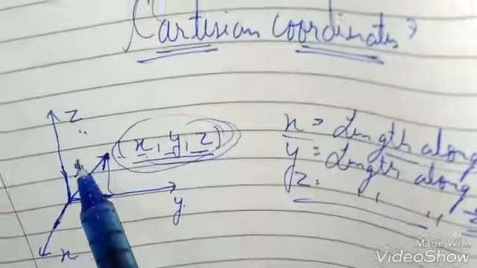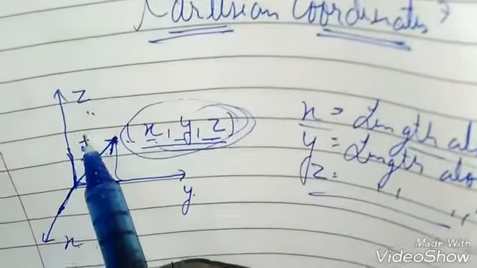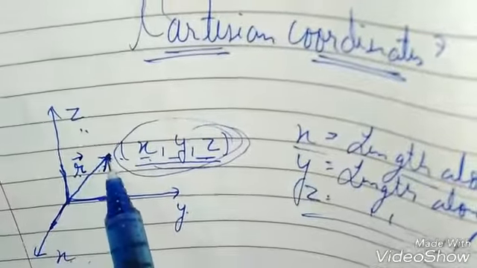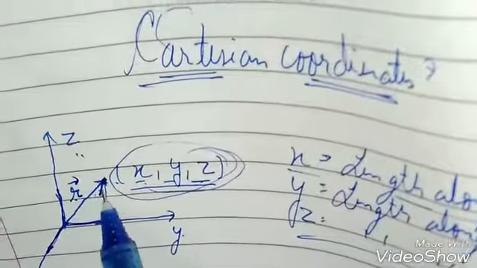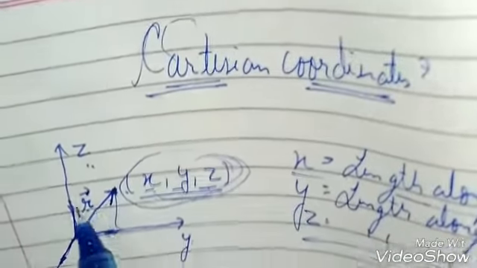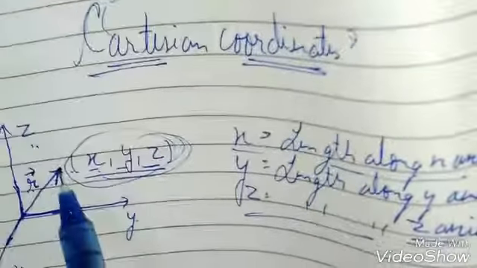Let's denote it with r vector, as r vector is joining this point from the origin and its direction is along this point. R vector is here the position vector of this point. Let's write an expression for r vector.